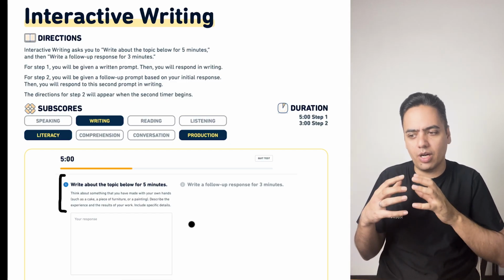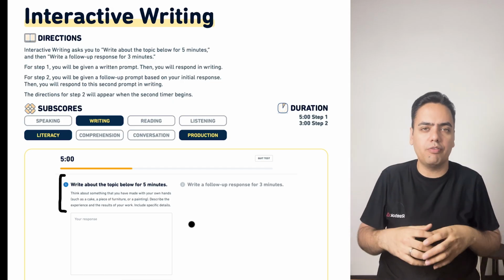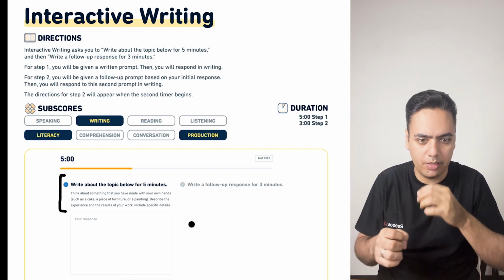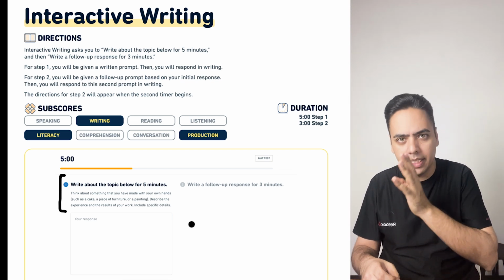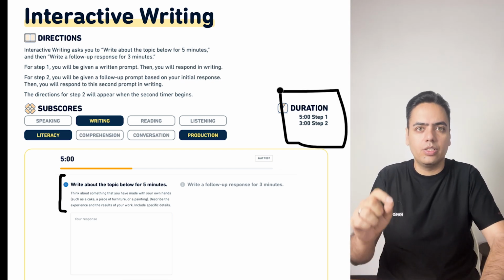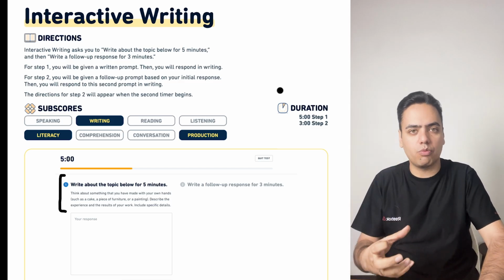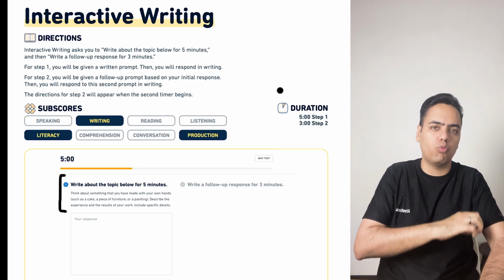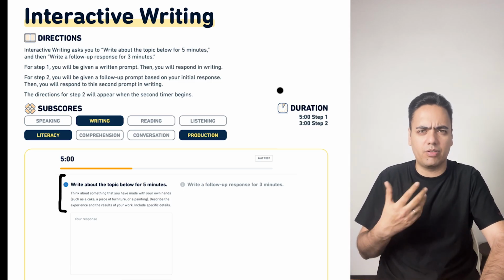What you can do is talk about the question, introduce it, and then offer as many details as possible. Remember, you need to keep half a minute to a minute in each of these parts to check your work. Checking the quality of your work matters more than the quantity and the number of words. So do not spend the whole 5 minutes writing.